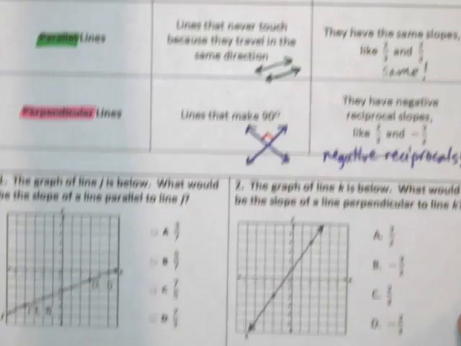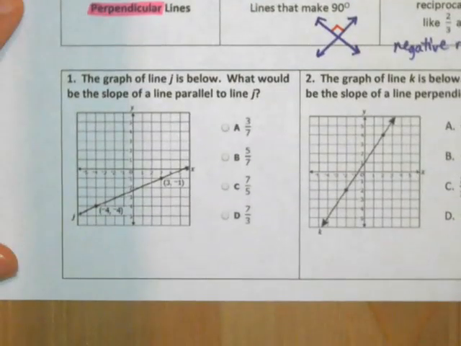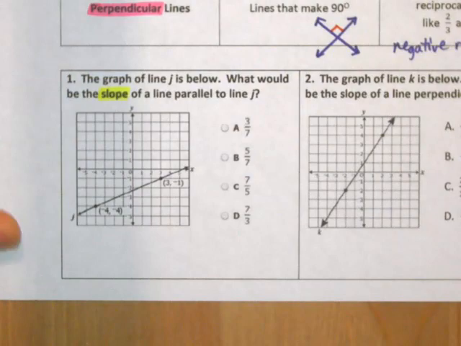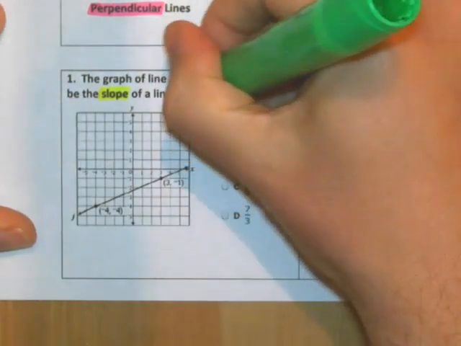So we're going to do a couple example problems here. The first example problem says the graph of line J is below. What would be the slope of a line parallel to line J? Obviously, we're talking about slope for this problem. The slope of a line parallel.